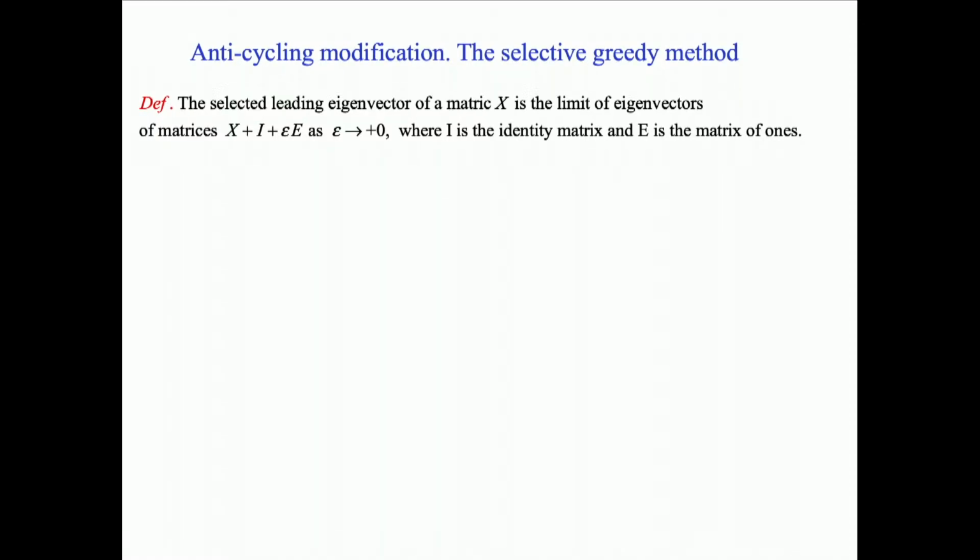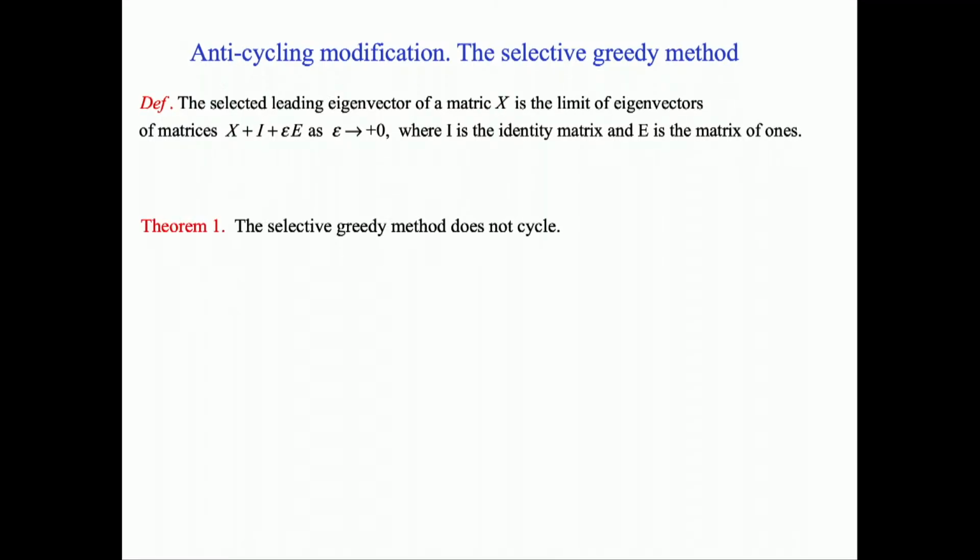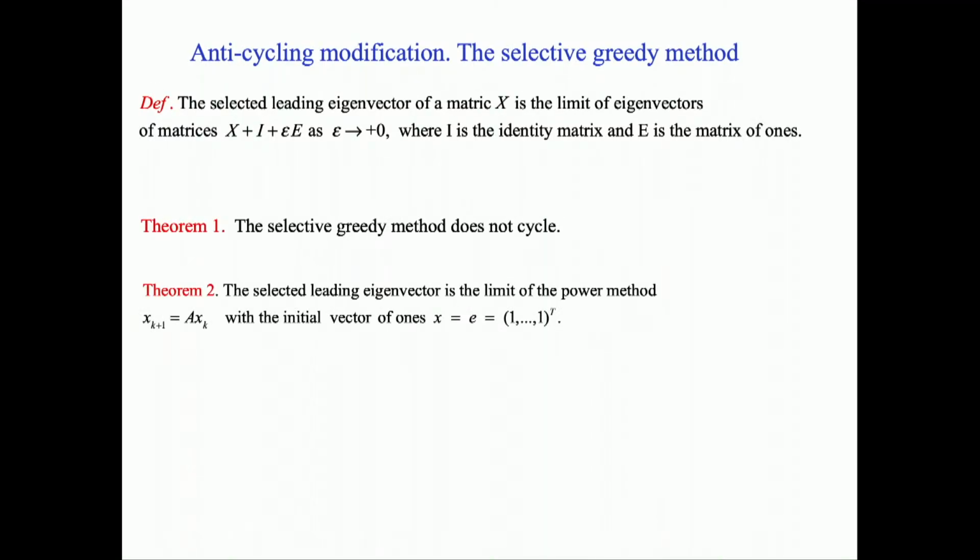And the question arises, what can be said about the limit of this unique eigenvector? If we take this generalized leading eigenvector, which is always unique, then the greedy method doesn't cycle. We can take this eigenvector, but of course the question arises how to find this limit.